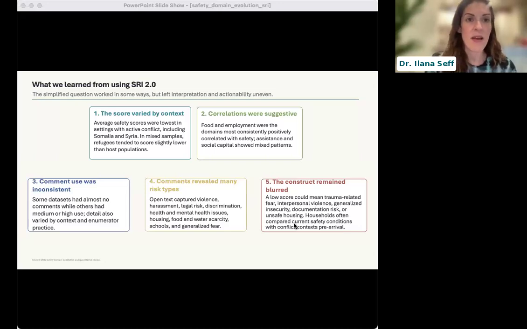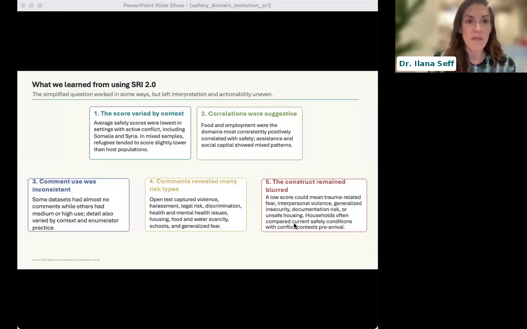So we had lots of data from many different contexts, being implemented with lots of different populations. And we wanted to understand, if we look at this data, what can we learn about how the safety domain is working? Specifically, we did a rapid qualitative analysis of all of the comments. For each domain, there's an answer choice that you select, but there's also a comment box where the person administering the tool can provide more detailed information.